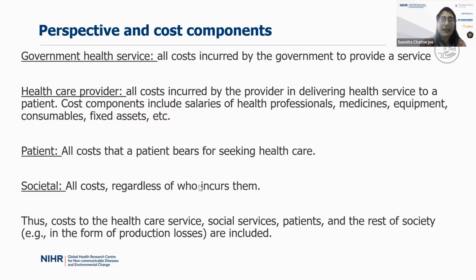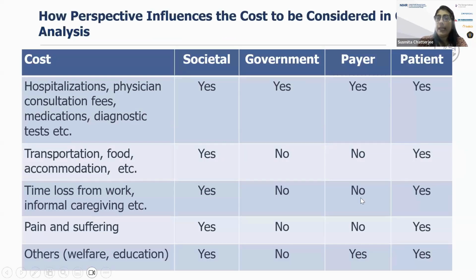Here are a few examples. As you can see, the main payer is the insurance. So insurance is interested in how much people are spending on hospitalization, consultation, medications, because they will reimburse, right?